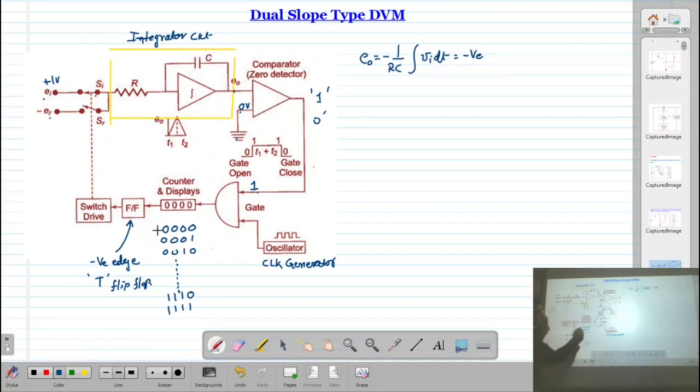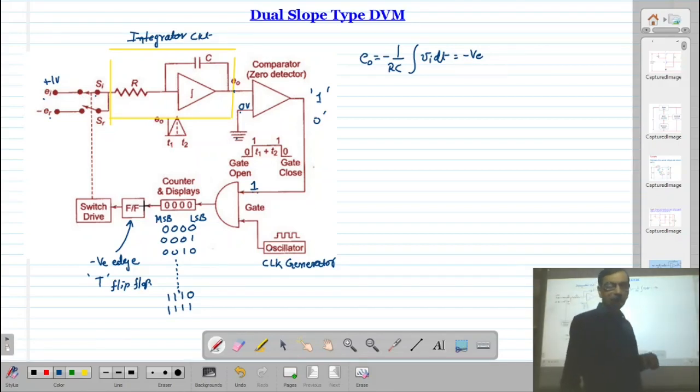Here you can see that last terminal, the MSB. This is the LSB of the counter, this is the MSB of the counter, and the MSB is connected to the flip flop. Whenever the negative edge is generated at the MSB, then the flip flop is going to be triggered.